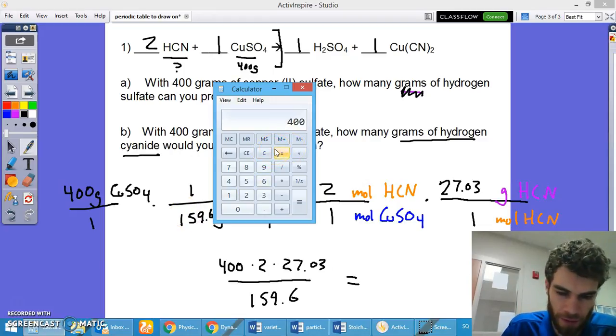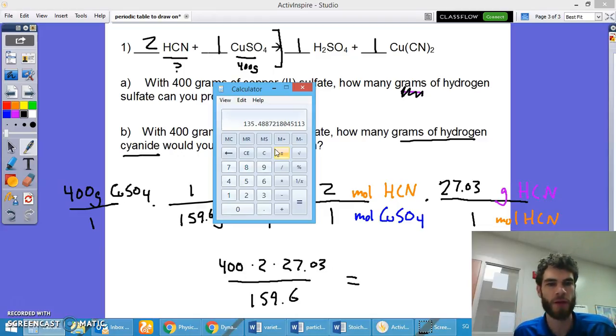Let's find out. 400 times 2 times 27.03 equals quite a large number. Divide it by the bottom number, 159.6, and we get 135.488, which I will round to the hundredth, which is going to be 135.49.